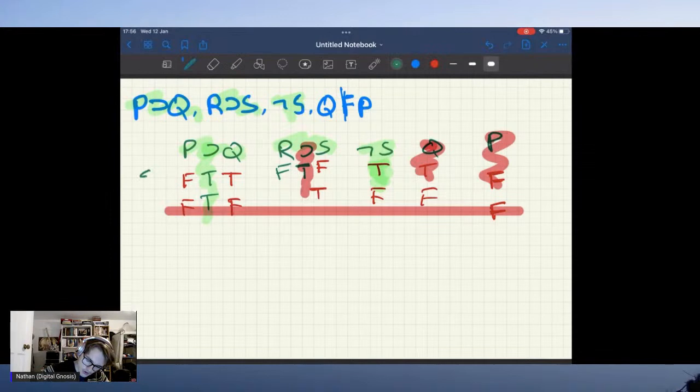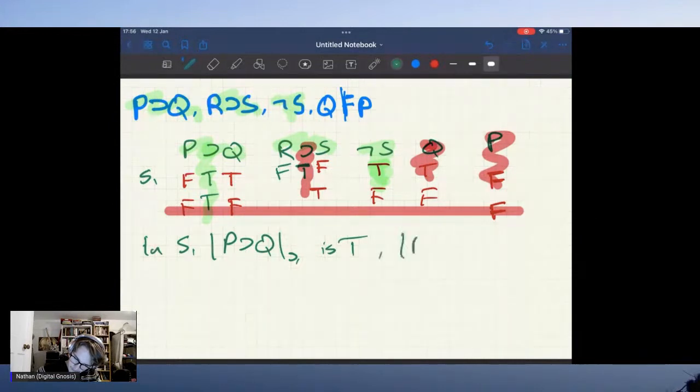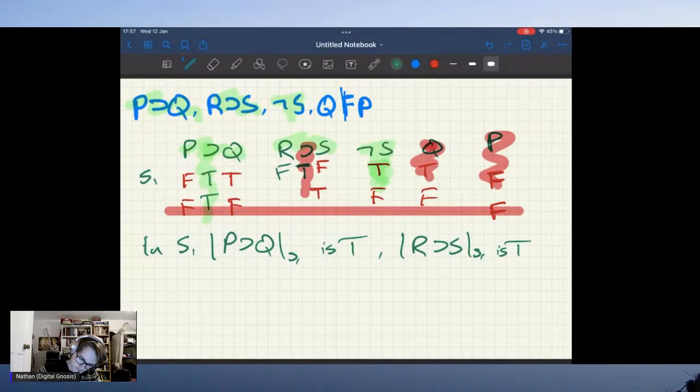So this structure, which I'm going to call S1, so in S1 it is the case that our first premise is true. Our second premise is true. Our third premise is true. Okay.